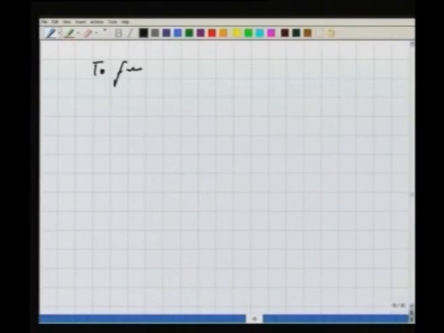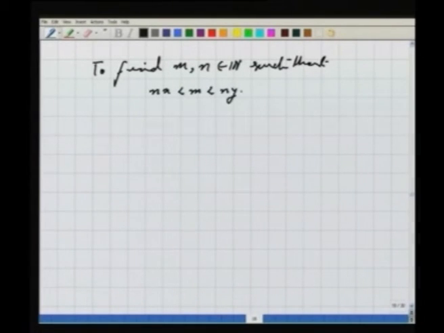Well, what does it mean to say that I will find these numbers? It means I need to find m and n such that nx is less than m and this is less than ny.